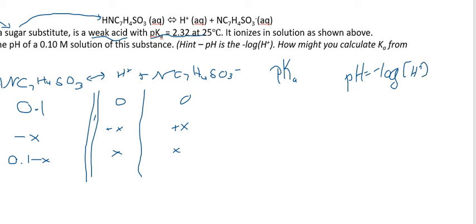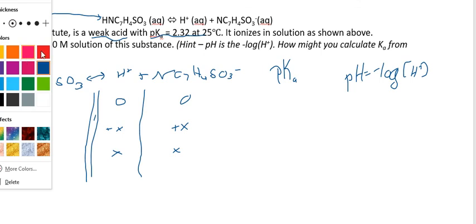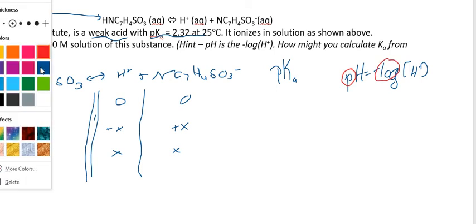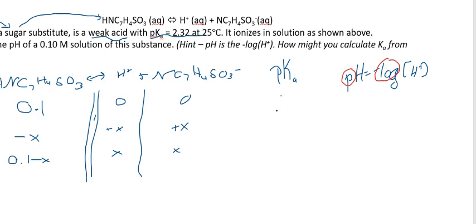In chemistry, this p basically just means the negative log of. So it stands to reason that pKa is equal to the negative log of Ka. And that's actually true. That's what pKa is.